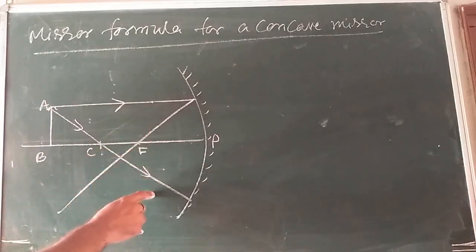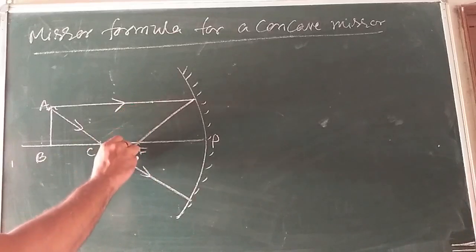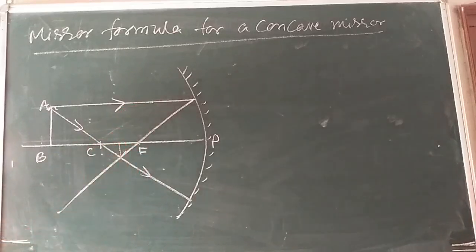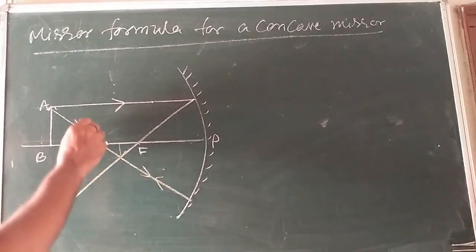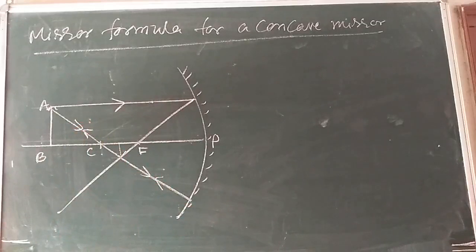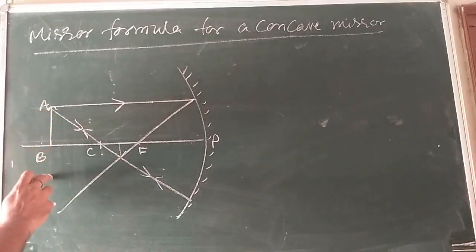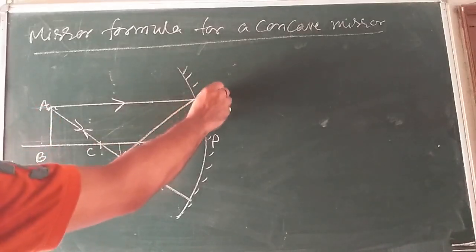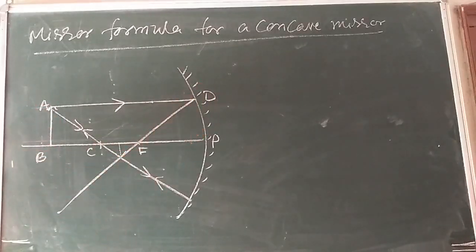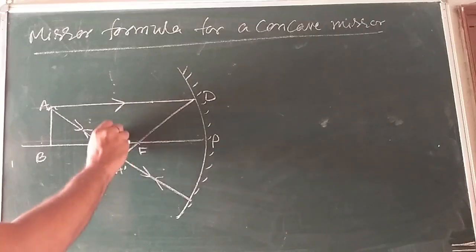So both the rays are meeting at this point. We are getting image here. The ray through center of curvature will retrace the same path. AB is our object. Suppose this ray is AD. So we are getting here an inverted image A dash B dash.